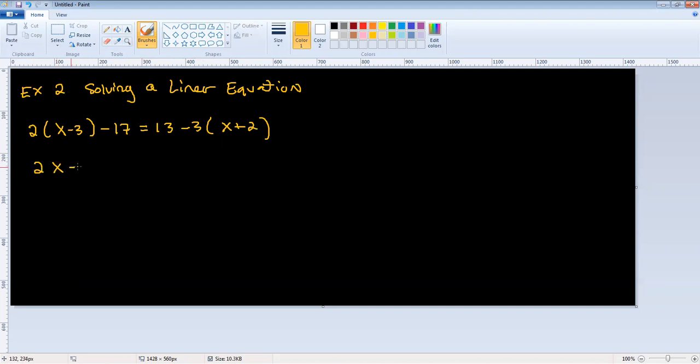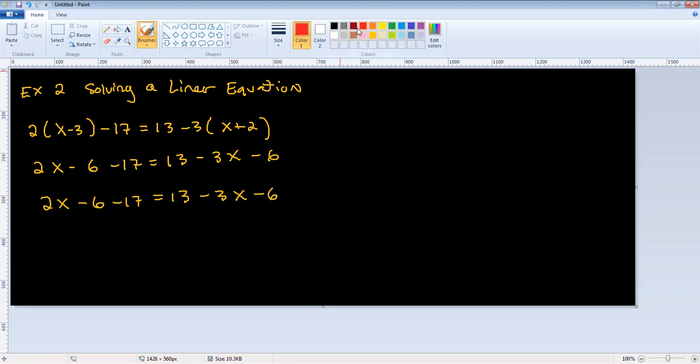Well, distribute the 2. Okay. So then you have something like this. Okay, negative 3 times 2, negative 6. So we have 2x minus 6 minus 17 is equal to 13 minus 3x minus 6.